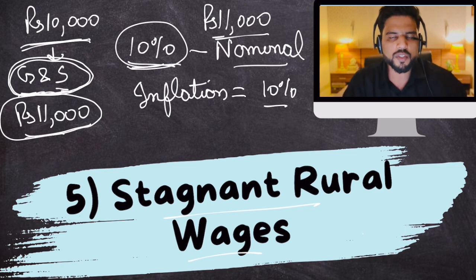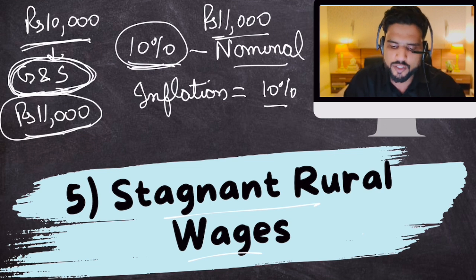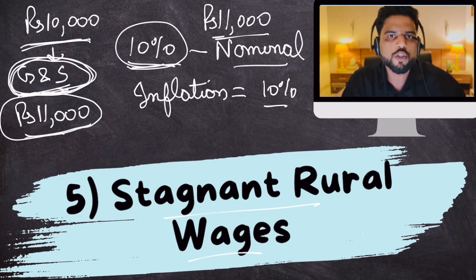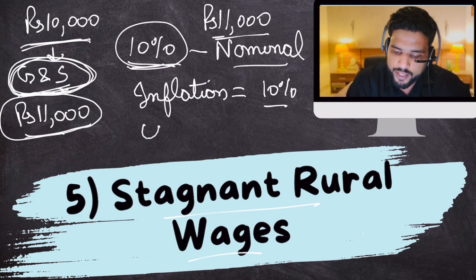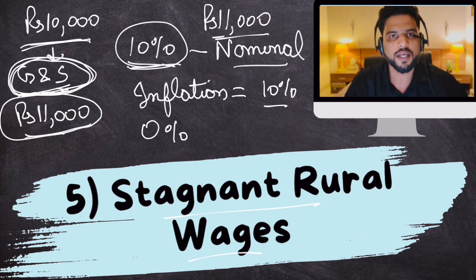So in real terms, in his purchasing capacity, his wages have not increased. Before also he was able to buy these goods and services. Now also he's able to buy these goods and services. So in real terms, if we take a look at the purchasing capacity of this person, his purchasing capacity has not increased. So we will say that his real wages have increased by 0%. His purchasing capacity has not increased at all.